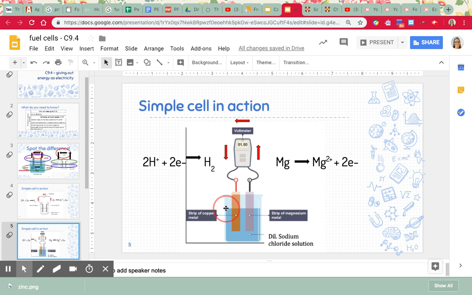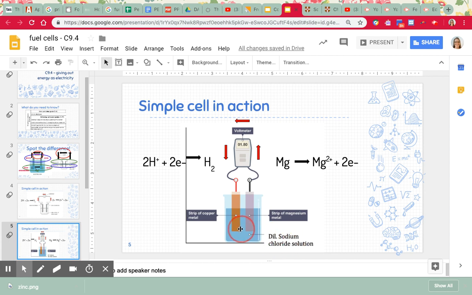So in this solution, it's OH-, H+, but it's also got Na+ and Cl-. Because it says the word dilute here, we know that the chloride isn't going to win because the halogen never wins when it's dilute. And anyway, we don't have to worry about the chloride because it's negative.